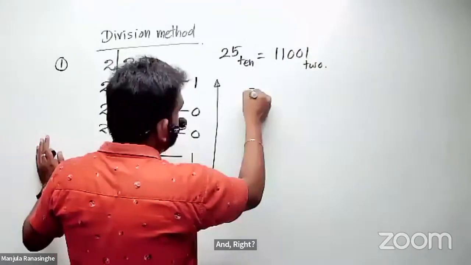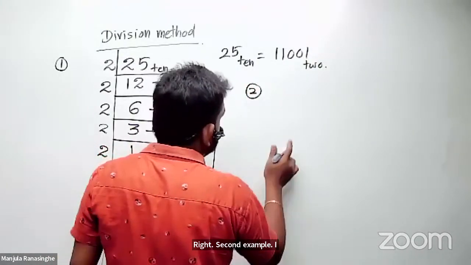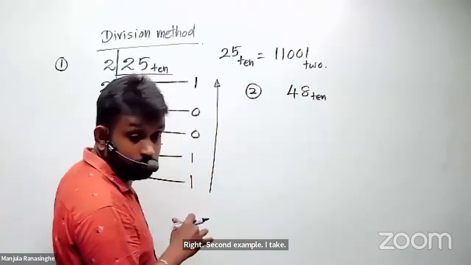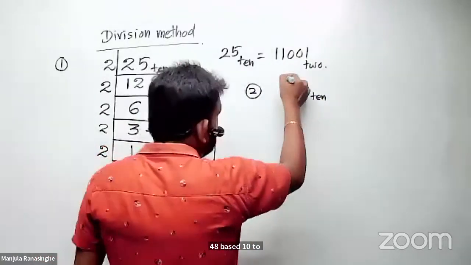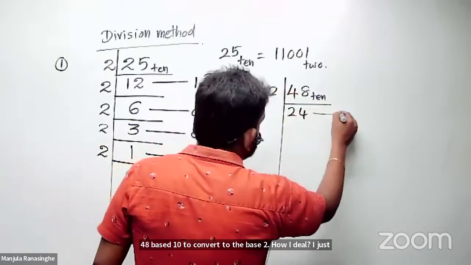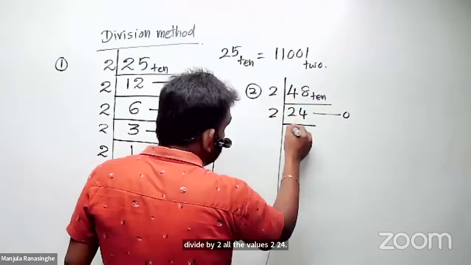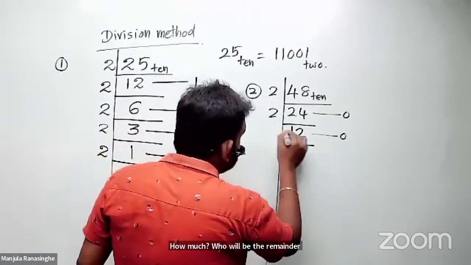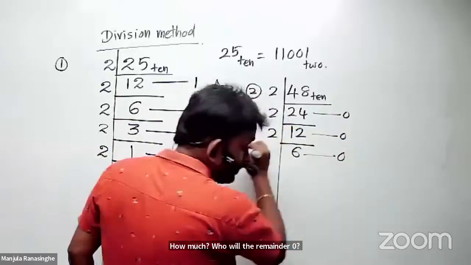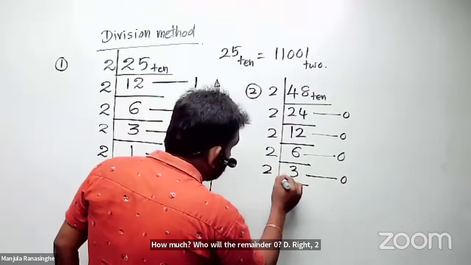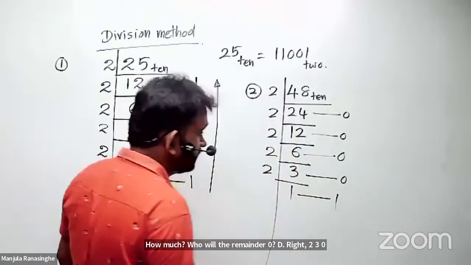Right. Second example, I take 48 base 10 to convert to base 2. How do I deal with it? I just divide all the values by 2. 2 into 24. How much? 0 remainder. 2 12, the remainder 0. 2 6, 0 remainder. 2 3, 0 remainder. 2 1, 1 remainder.